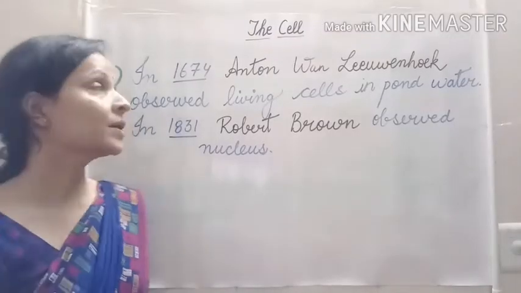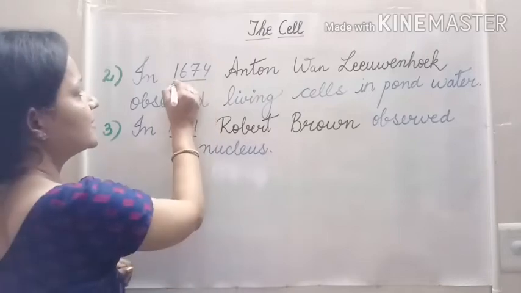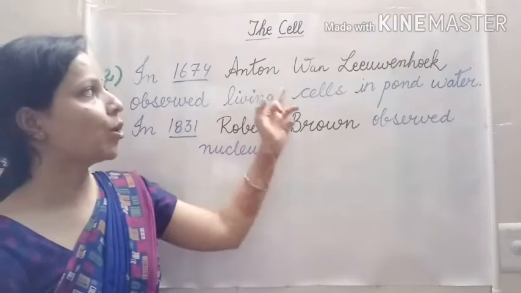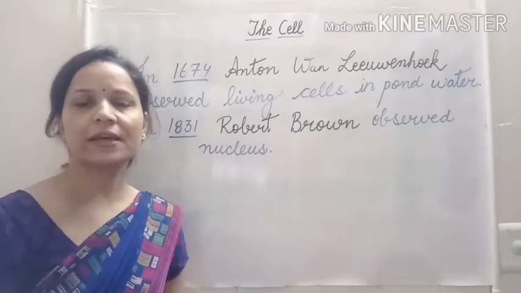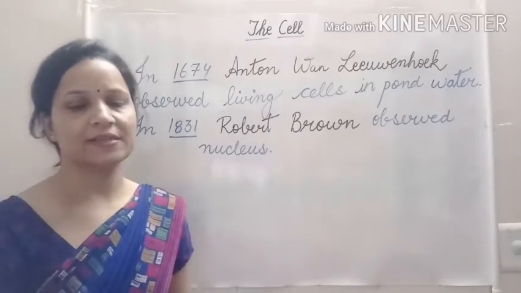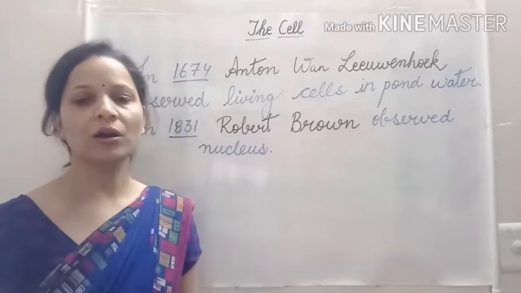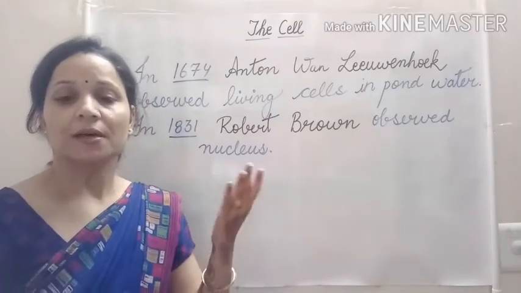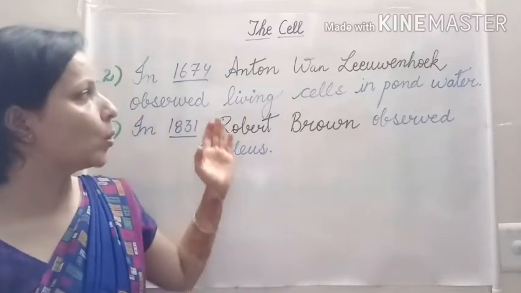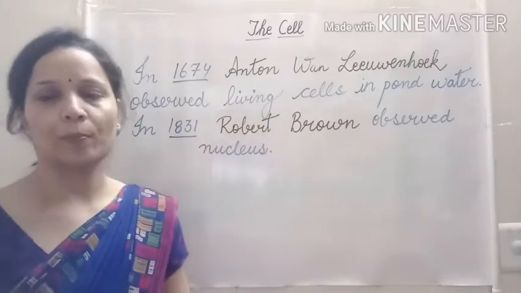Later on, in 1674, Anton van Leeuwenhoek observed living cells in pond water. Yes, Anton van Leeuwenhoek made other important discoveries using his own microscope.